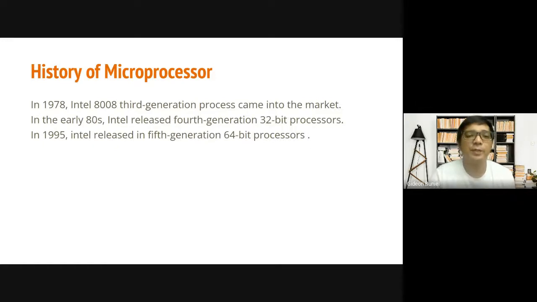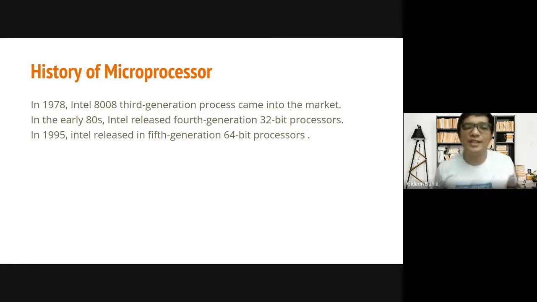For the history of microprocessors, in 1978, again, Intel 8008 third generation processor came into the market. So again, we have the 4004, but in 1978, they already created the Intel 8008, which is much faster compared to the 4004.